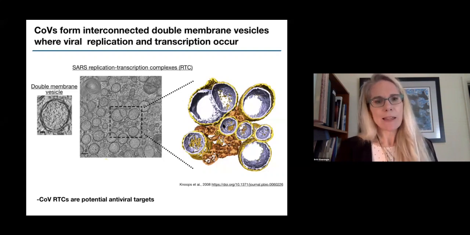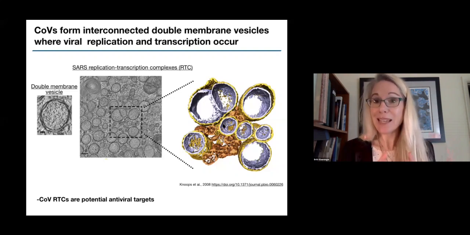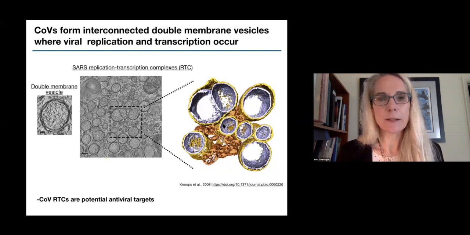All right, so these vesicles have been explored, or are certainly being explored, as potential antiviral targets, because formation of these vesicles is really critical for the coronavirus amplification inside the cell. And so drugs that may disrupt membrane biology or vesicle formation are, of course, things that people are quite interested in for their potential antiviral function against these viruses.